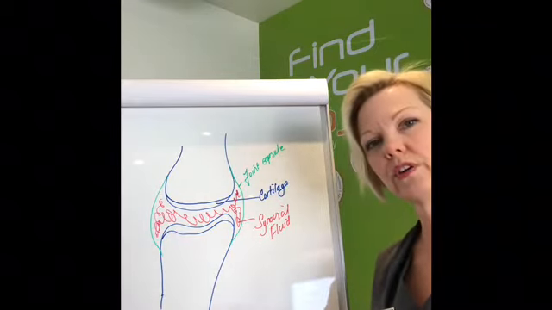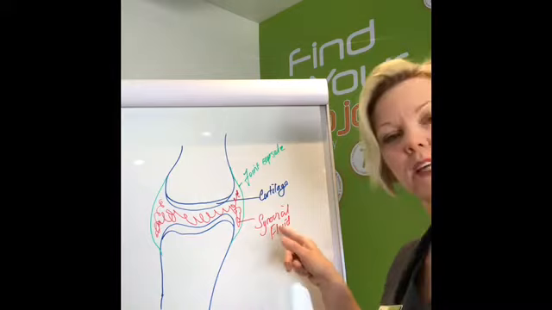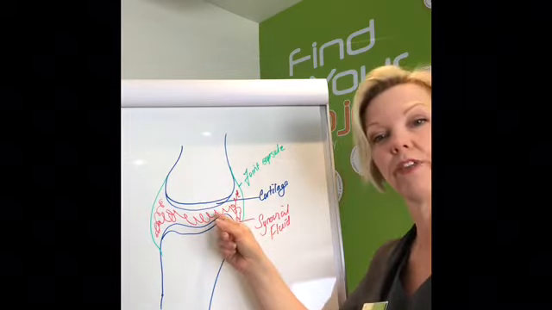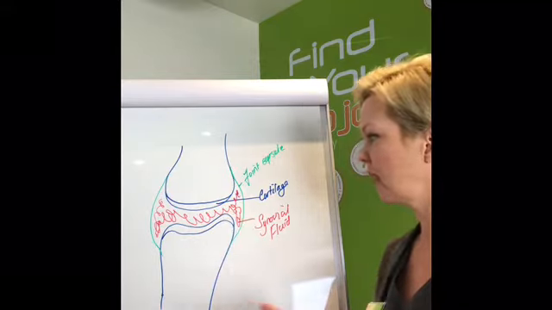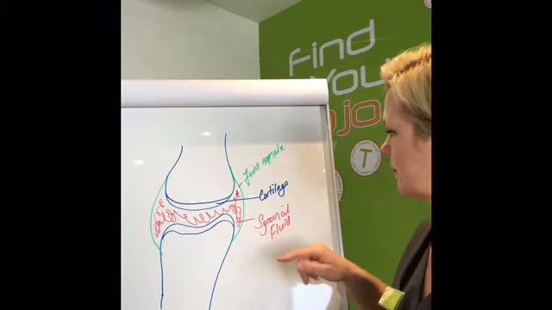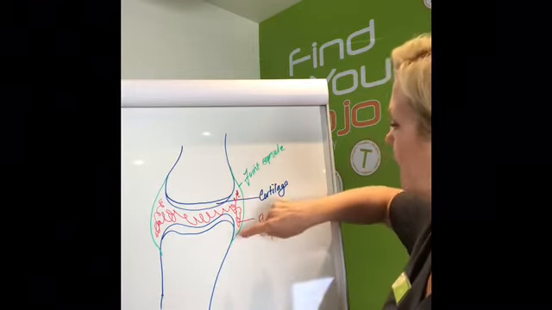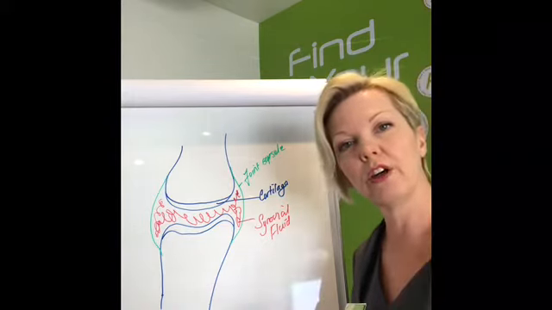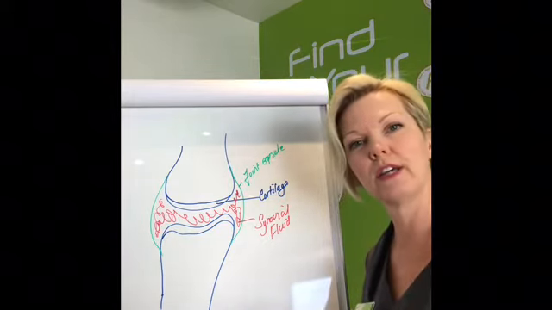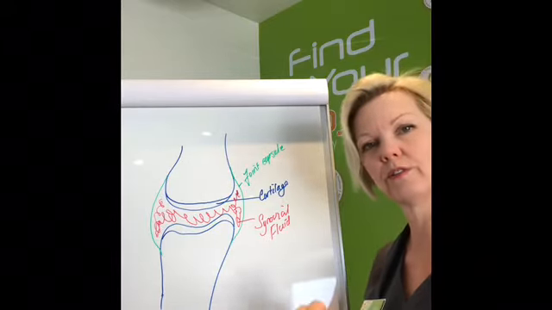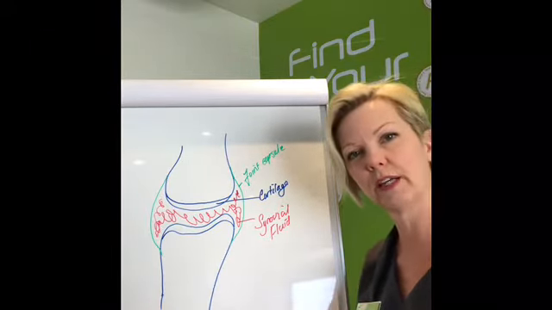But synovial fluid also provides the joint with the nutrition it needs to keep it healthy at the same time. What's really important in this situation is the synovial fluid is actually produced by the joint capsule. But that can only occur if the joint capsule gets stretched. It has to be stressed in some way and stretched in order for it to produce the synovial fluid.